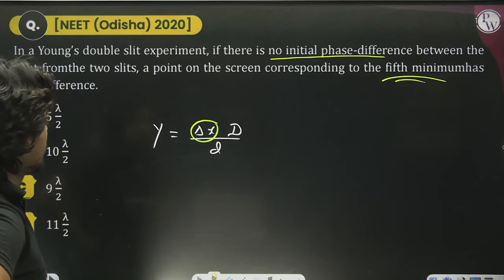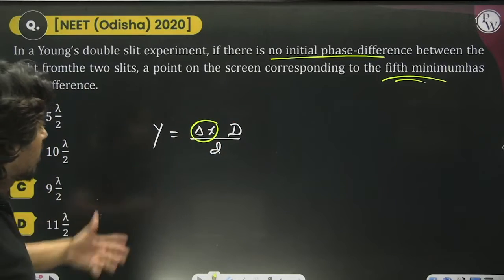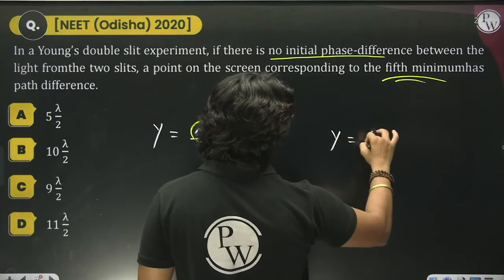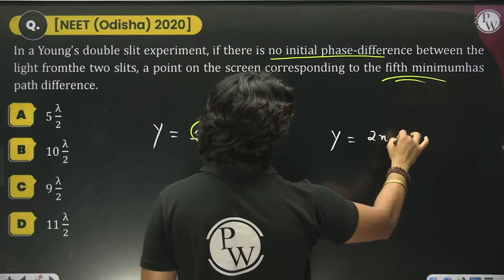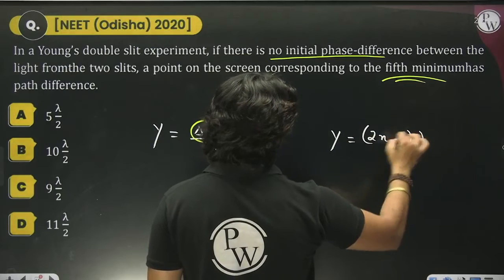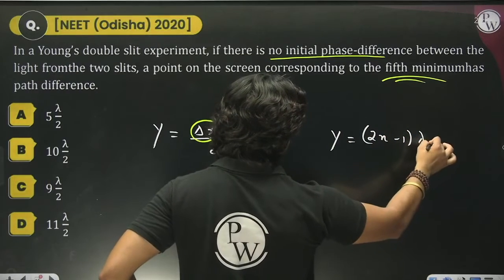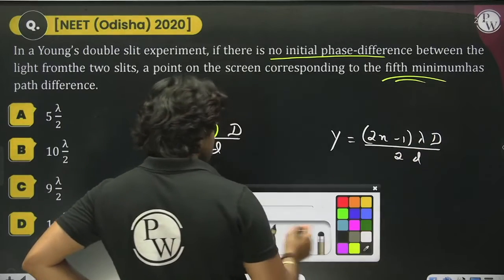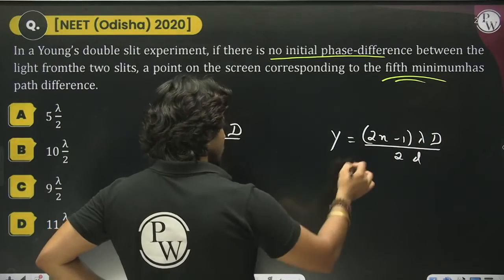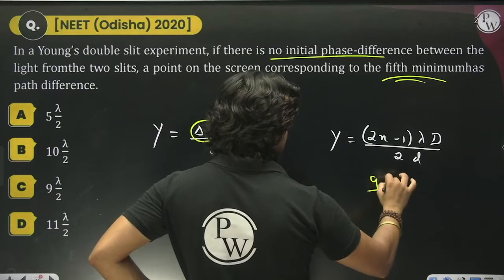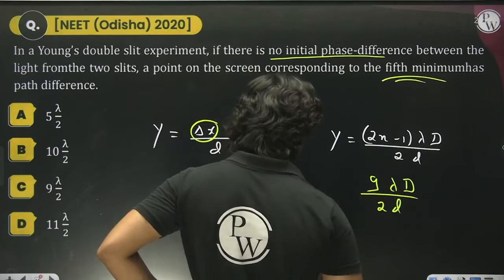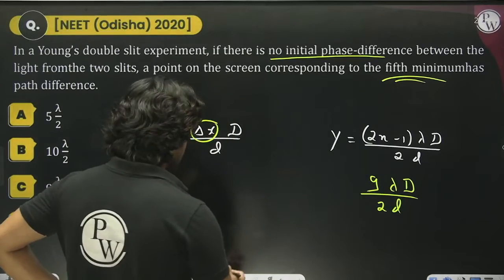Now you know the expression for y is 2n minus 1 lambda D by 2d. So if you substitute 5 over here, this is 9 lambda D by 2d.